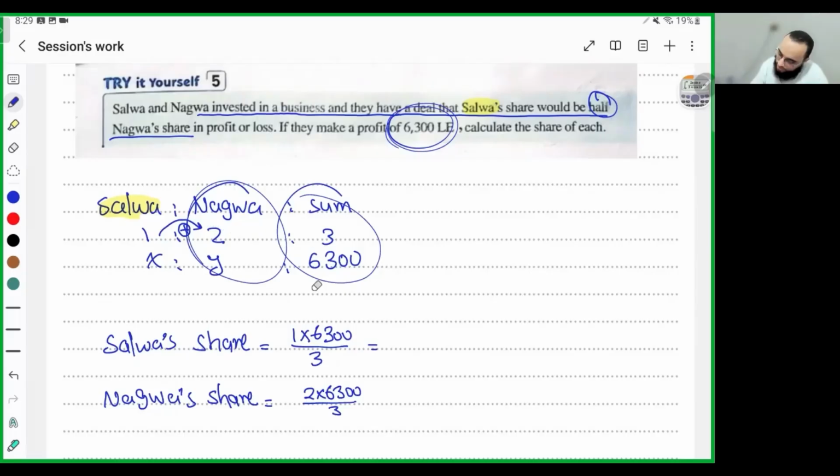Thanks. With the calculator you can do it. I can do it by my mind. Who can do it by his mind? Me.